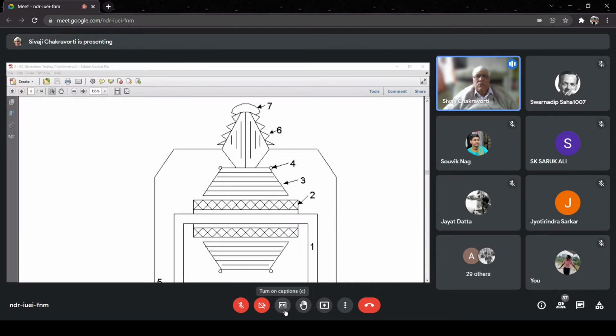Anyway, in the next class I will show you the actual photographs so that you can really understand that. Somehow I'm not getting it right now. But let me explain that the fundamental difference is somewhere else.